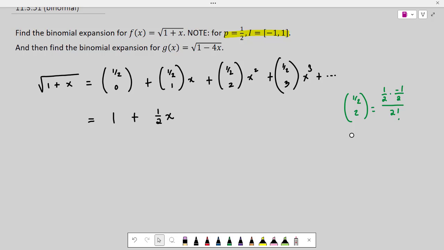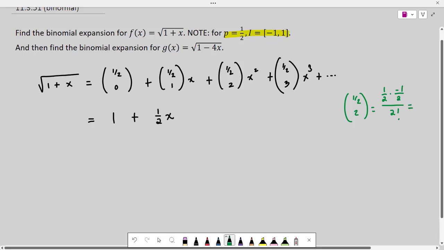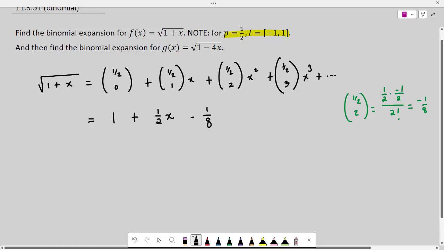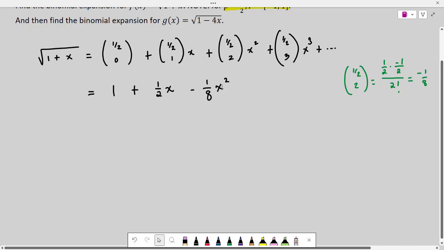With this one, it's really fast. Choose 2 means just 2 factors. So this will be -1/8. That is what goes right here: -1/8 x squared. And then we have one more coefficient. We want to get to 4 non-zero terms.